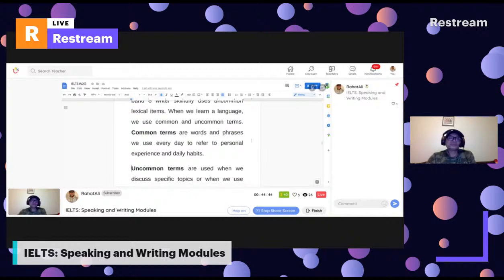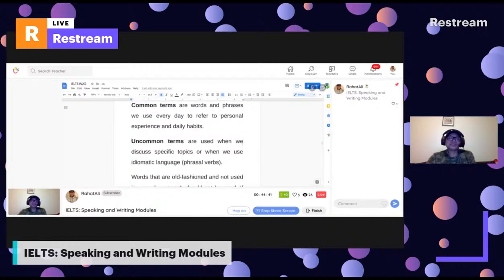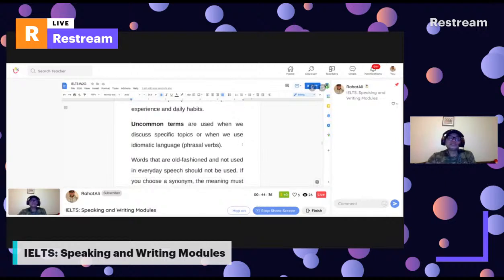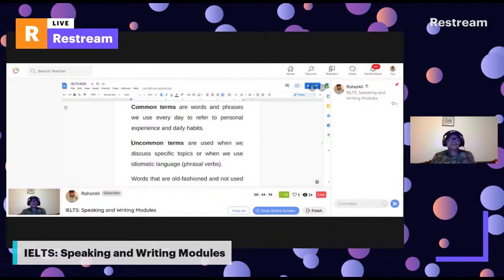Uncommon terms are used when we discuss specific topics or when we use idiomatic language, phrasal verbs. So have a look at this explanation. Using phrasal verbs is a very important feature if you would like to get good marks in the IELTS writing section.